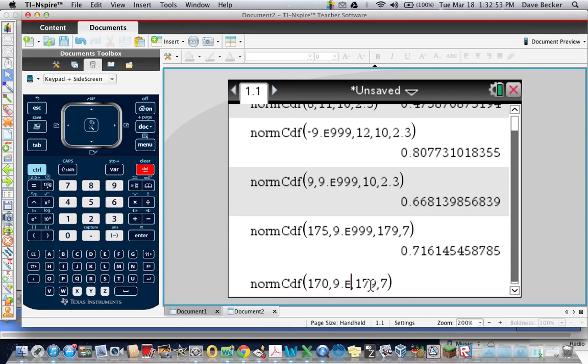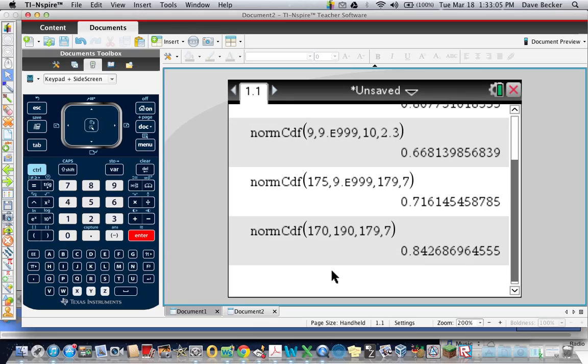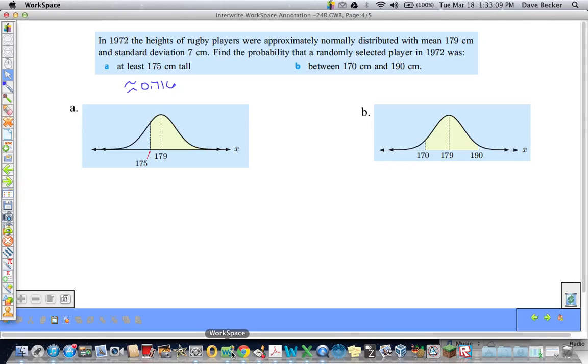Then I don't have to change my standard deviation and mean. Very simple, very easy. There, okay, then that should do it. And I get 0.843. So that is approximately equal to 0.843.